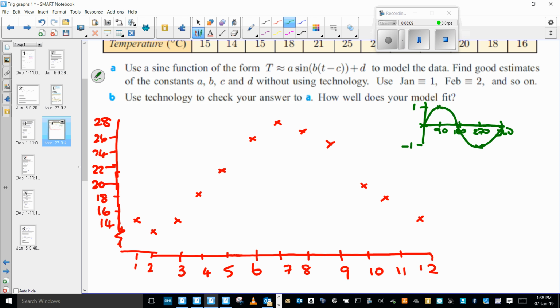Alright, so that's what our general sine curve looked like if the value of A was 1, the value of B was 1, the value of C was 0, and the value of D was 0. So that's what it would look like with no values there. But obviously this doesn't quite look like that. Essentially we've got this thing happening.